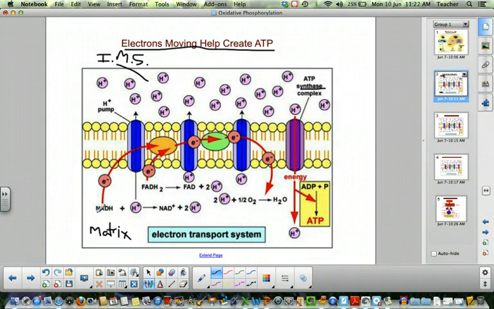So in order to move electrons through the electron transport chain, these electron carriers, NADH and FADH2, have to donate their electrons that they gathered back in glycolysis and the Krebs cycle. Okay? Now NADH is going to donate its electrons at this point right here, as you can see.